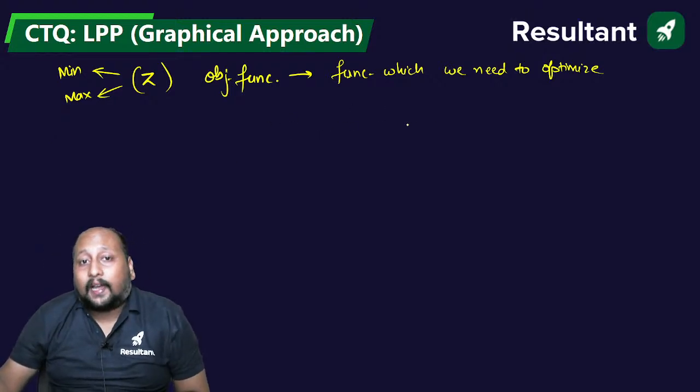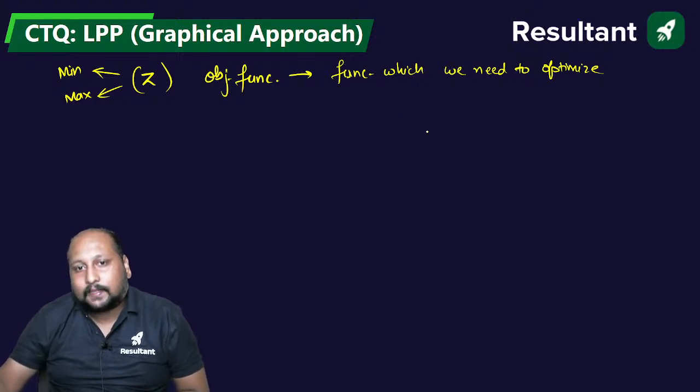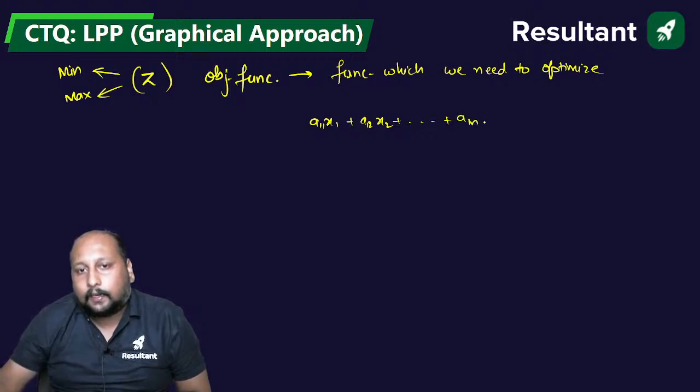After that, we will have some constraints or restrictions. Let's say A11x1 plus A12x2 till A1n xn is less than or equal to b1.